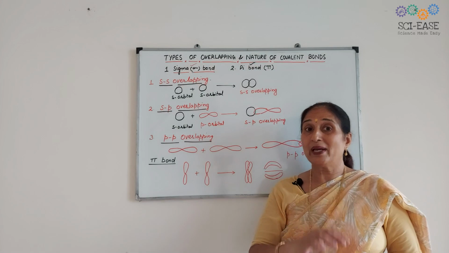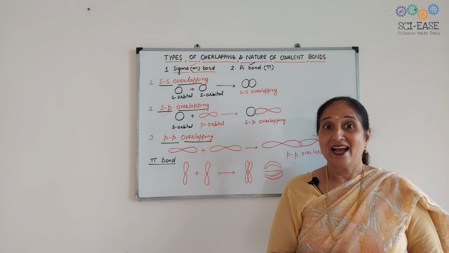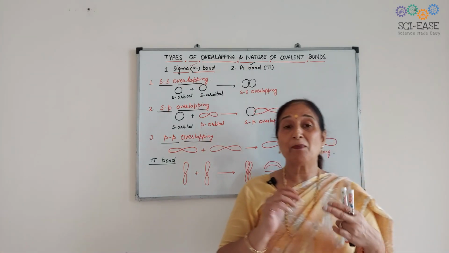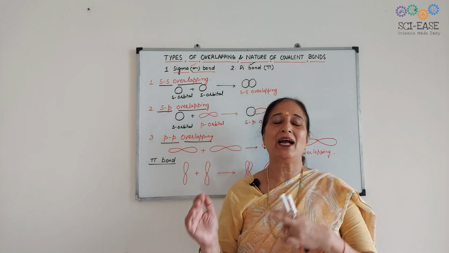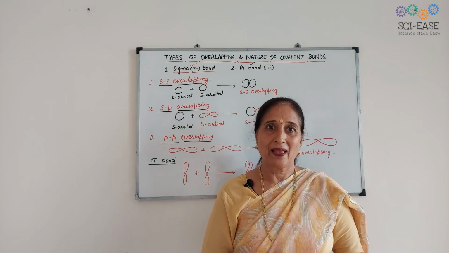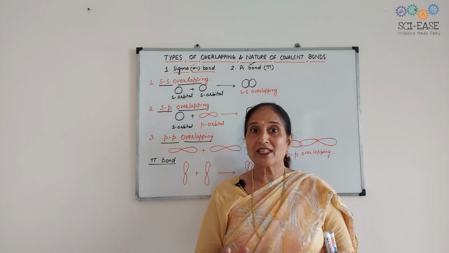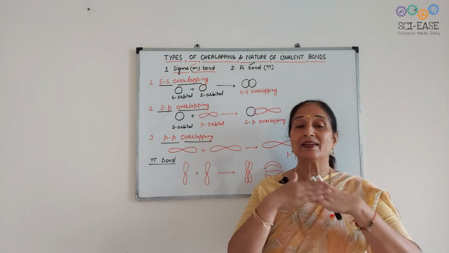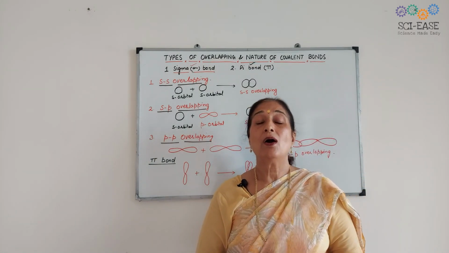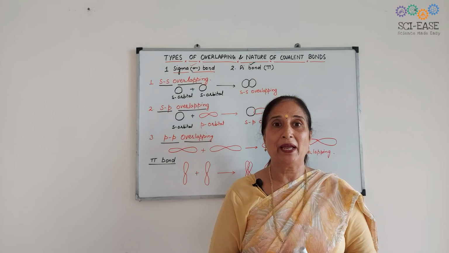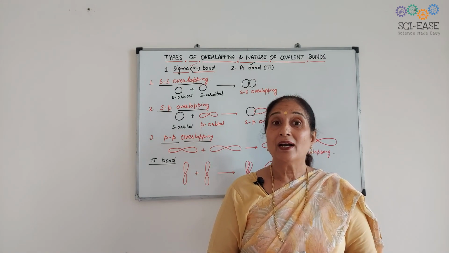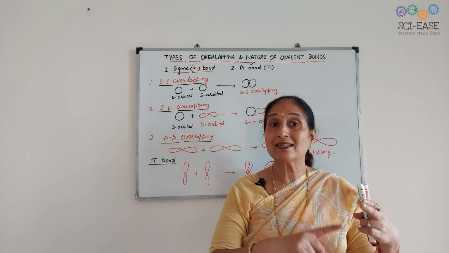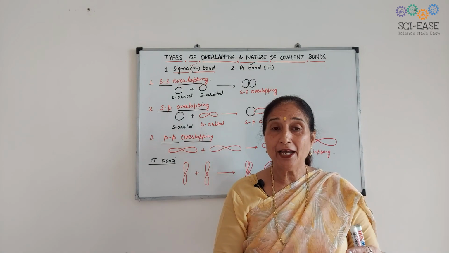Now, the next question is this. I want to discuss the strength of the sigma and the pi bond. In case of sigma bond, as there is head-on overlapping or end-to-end overlapping, I told you that this is stronger. Why?